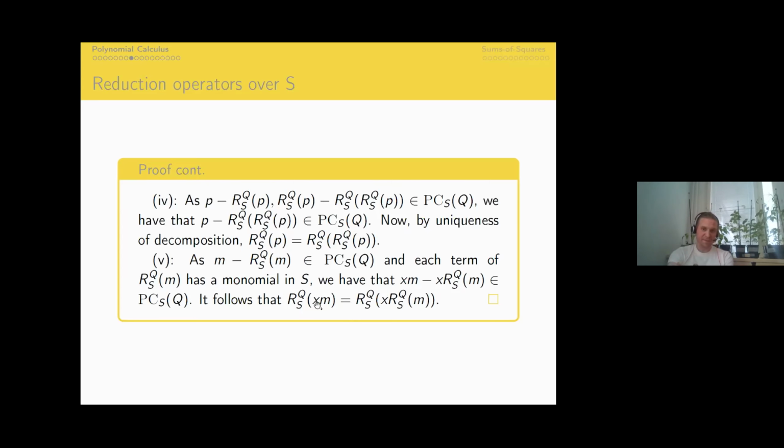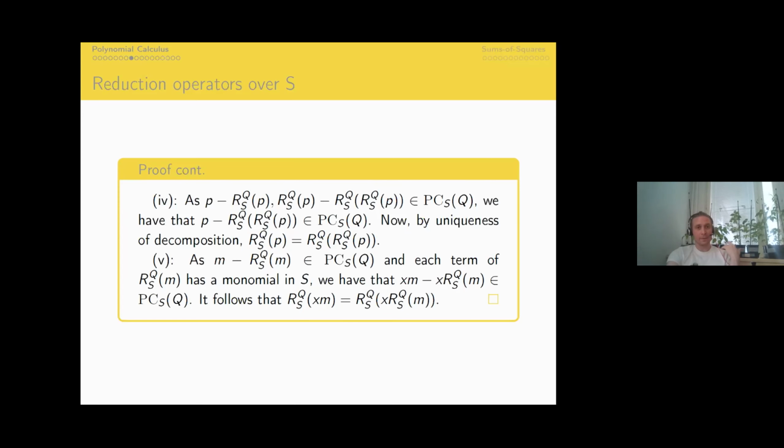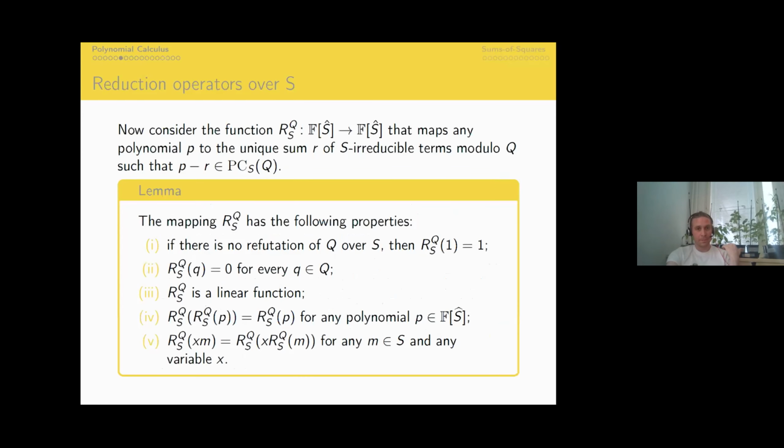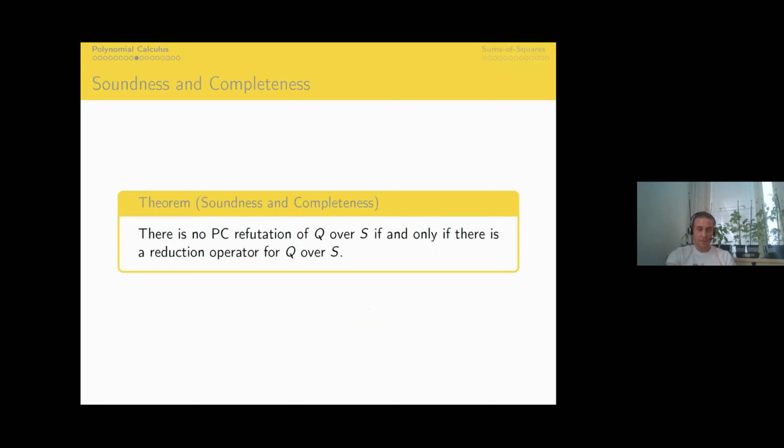Okay. So we have shown that if there is no refutation of Q over S, then this operator has all the properties that we asked from a reduction operator. And thus we have completeness.